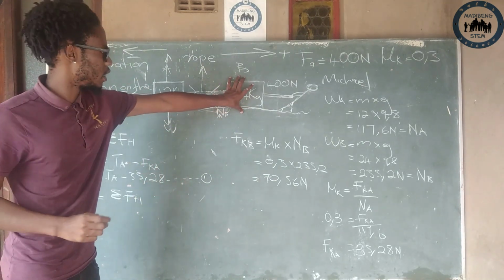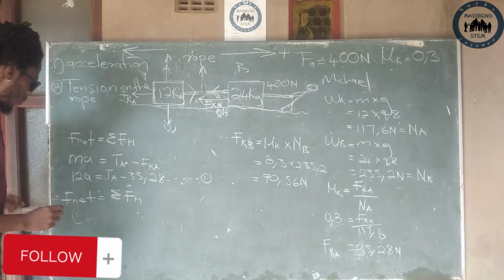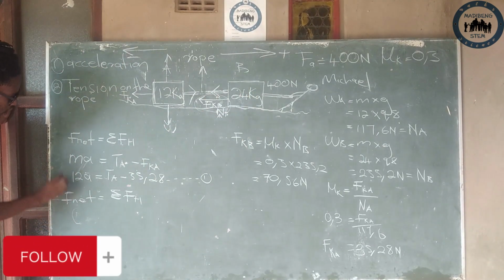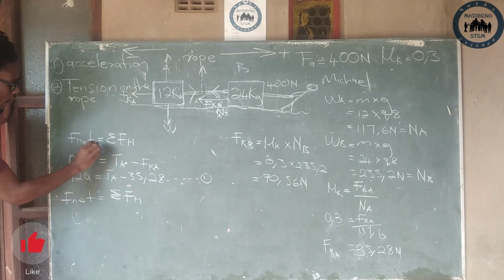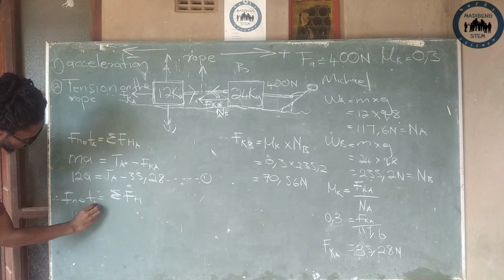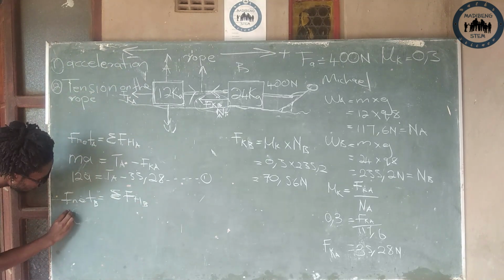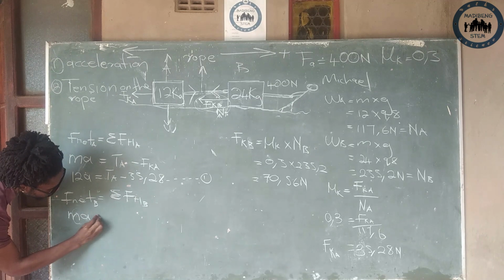So this is for object B. F net is mass times acceleration.